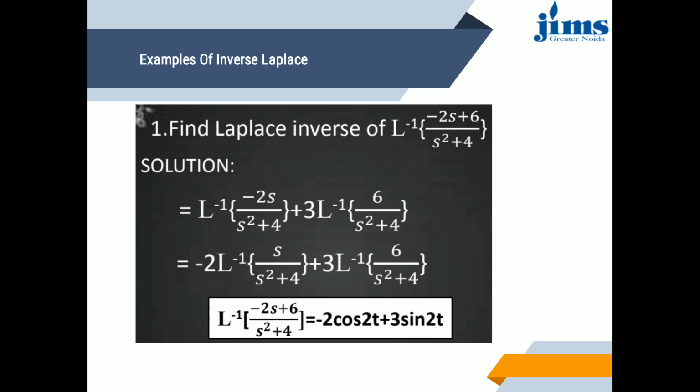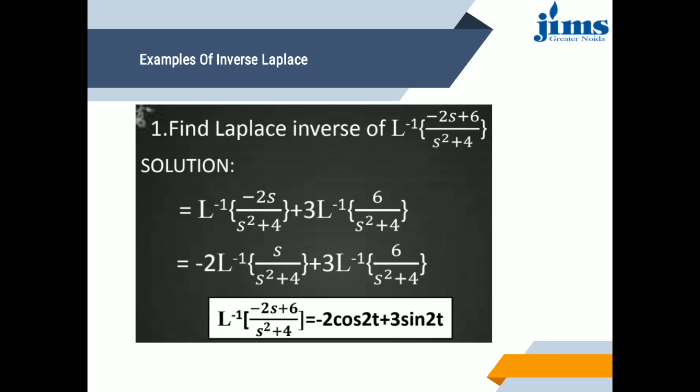Suppose we need to find the Laplace inversion of minus 2s plus 6 divided by s square plus 4. As I told you, if we do it by formula, it's really tough. So we'll find the Laplace inverse by use of partial fractions. First we separate the numerator: minus 2s divided by s square plus 4, and 6 divided by s square plus 4.